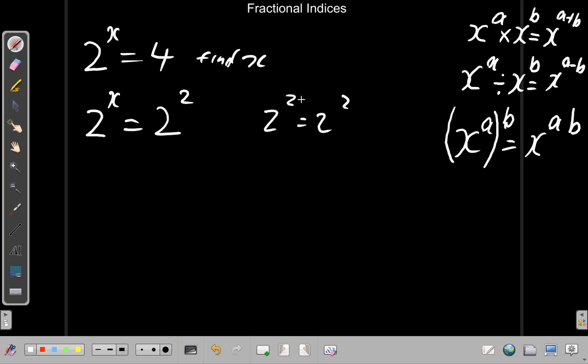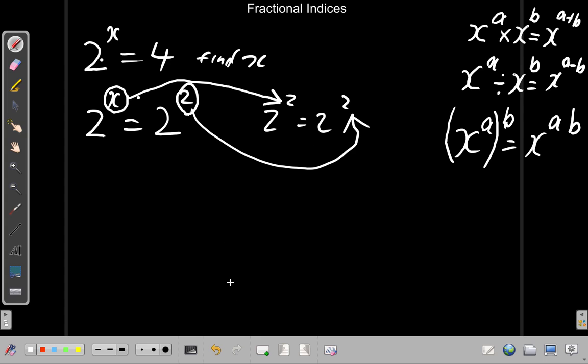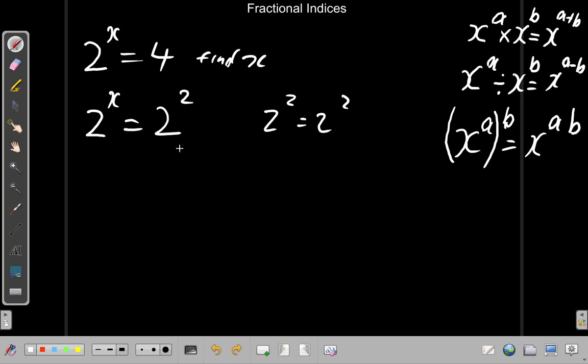Of course, 2 squared is equal to 2 squared. So x has to be 2 in order for this to work. So you solve the equation, x is 2. Good.